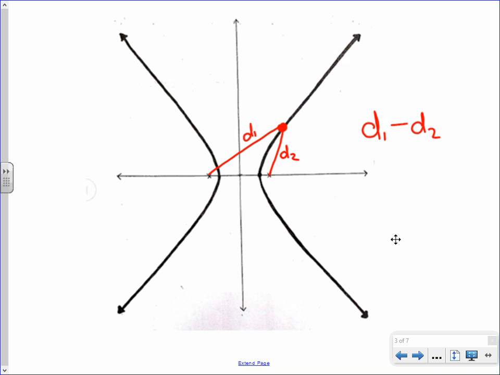Remember, you are measuring pretty small distances. But what should happen is those two differences should be pretty close to the same number.